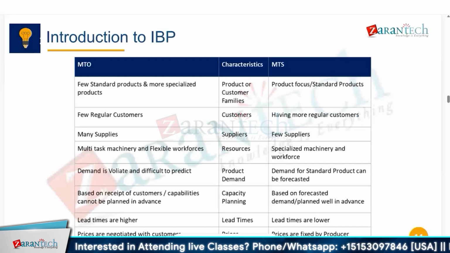With respect to supplier base, that is the suppliers for the raw materials, packaging materials, and so on, MTO has many suppliers because it's a specialized product. You need to always have an alternate supplier in place, because the price you get for this product is much higher than the price you get for the standard product.